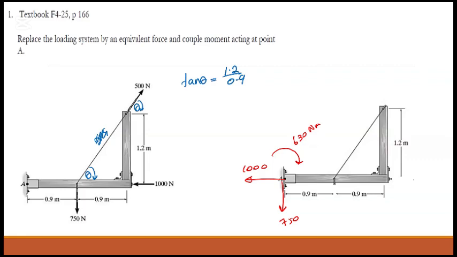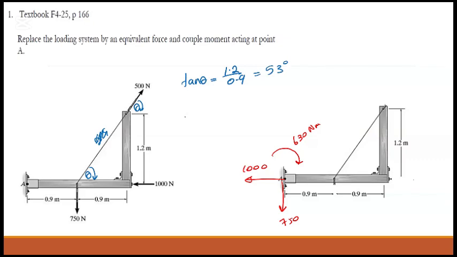So tan inverse 1.2 over 0.9, which is 53 degrees.